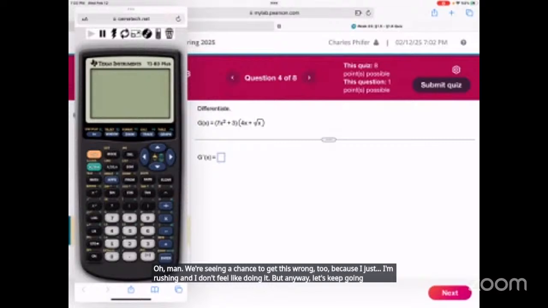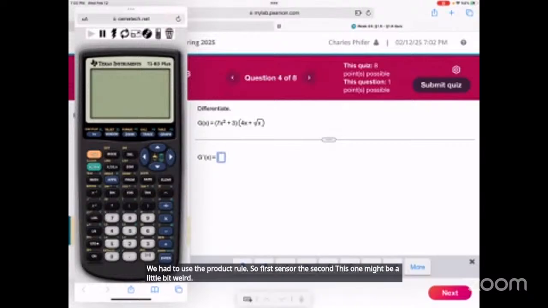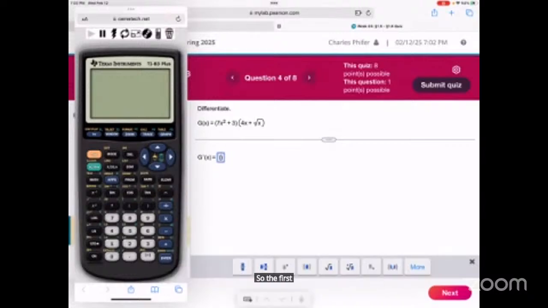Okay, so differentiate. And this will be it. Once we finish this assignment, we're going to call it a day. We have to use the product rule. So first times the second. This one might be a little bit weird. So the first, 7x squared plus 3. The derivative of the second is 4 plus the 1/2 comes down times x to the power of a negative 1/2.